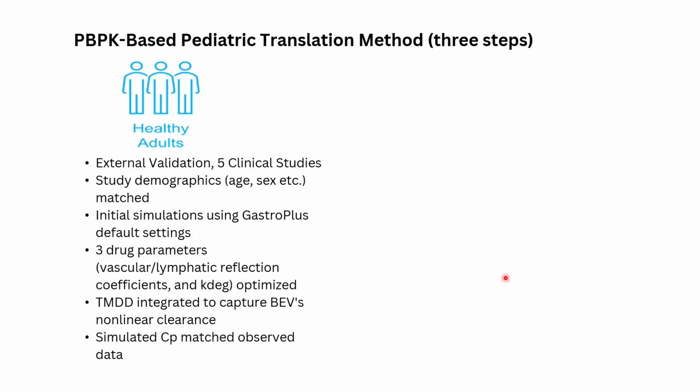The process involved 3 steps. First, developing PBPK models in healthy adults utilizing clinical data, and then external validation was done using 5 different clinical studies.